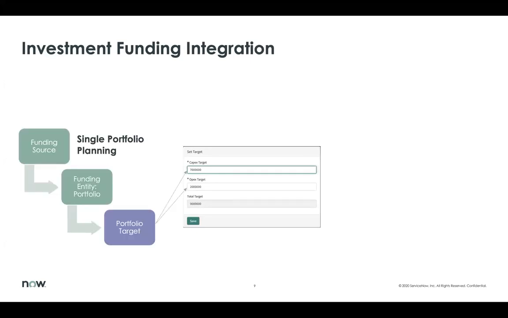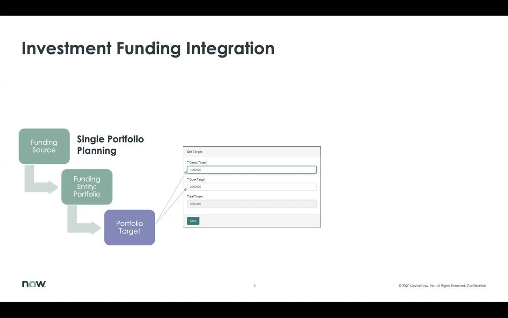And one important addition for us was the integration with investment funding. In the past, that started with the portfolio Workbench. I believe we introduced it in the Jakarta Kingston release, which was 2017.